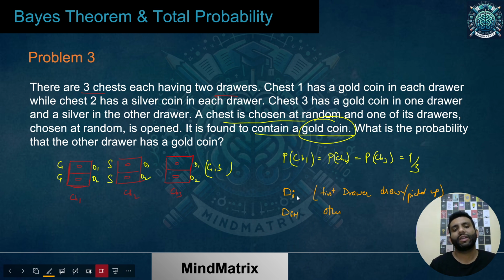Don't go by this notation that if i is 1, then i+1 has to be 2, because i may be 2, then i+1 would be 1. I'm not saying that it will be adding exactly. I have just taken it as a notation that the first drawn is i, the second drawn is i+1. Now that can be anyone, 1 2 or 2 1, any order can be there. Other drawer.